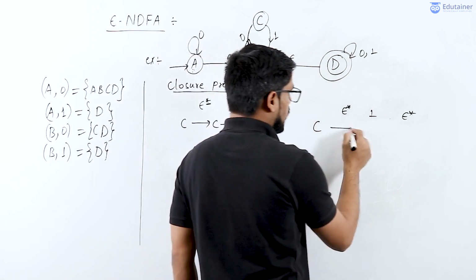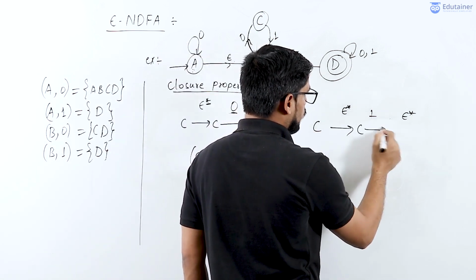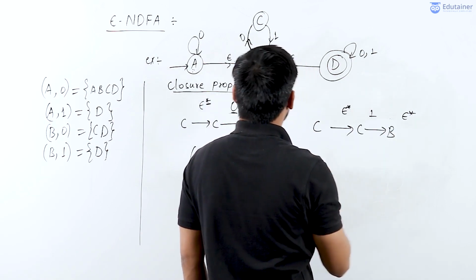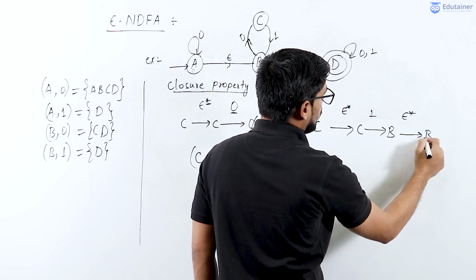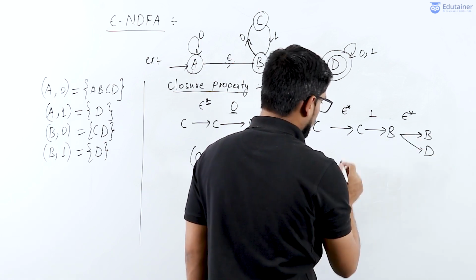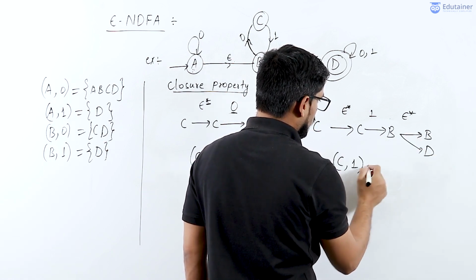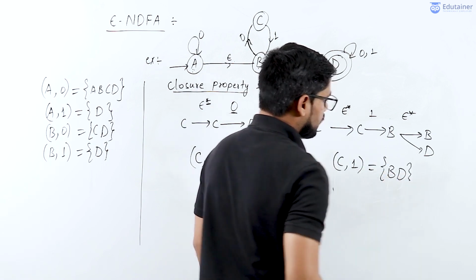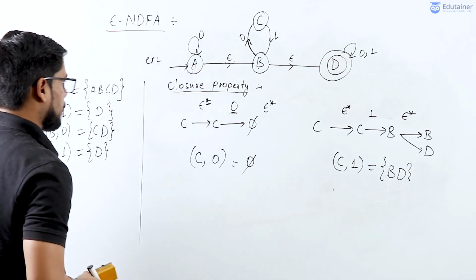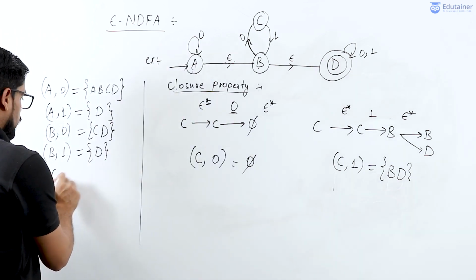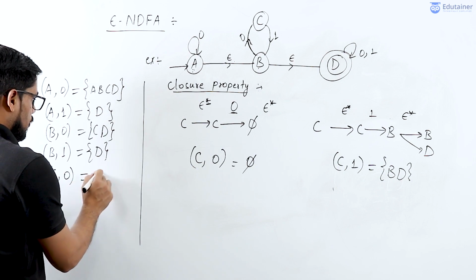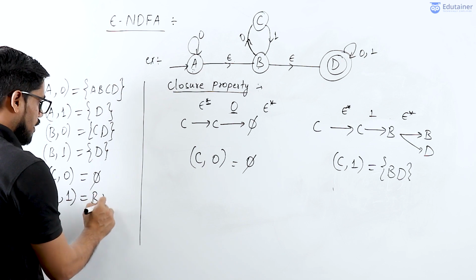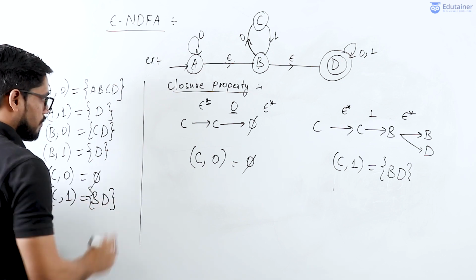Now C on epsilon star will go to C, and C on 1 will go to B, and B on epsilon will go to either B or D. That means C on 1 gives B as well as D. So C on 0 is phi, and C on 1 is B and D.